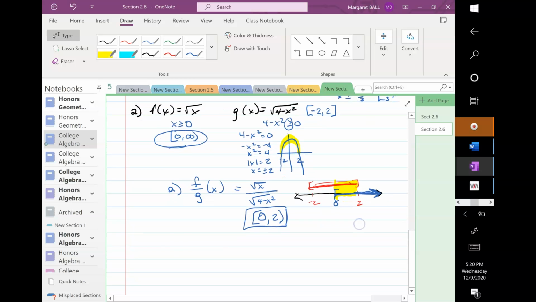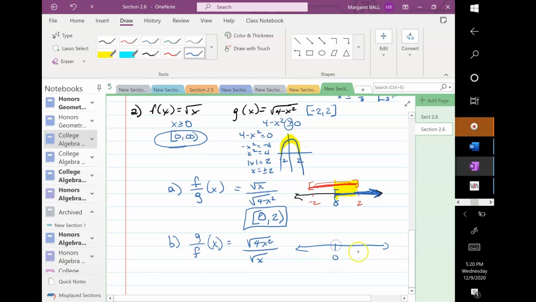Now let's go the other way. Let's do g divided by f. So take the g function and divide it by the f function. Okay, we can't do anything else with that, but let's talk about the domain. Okay, so we have the same number line situation.